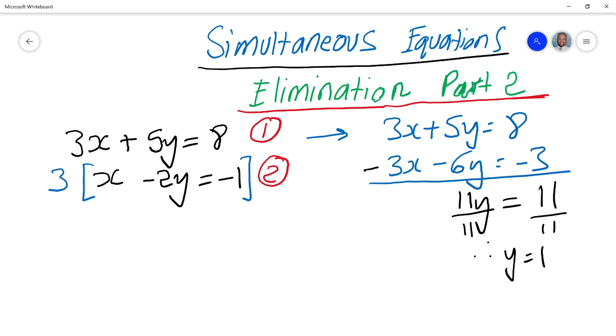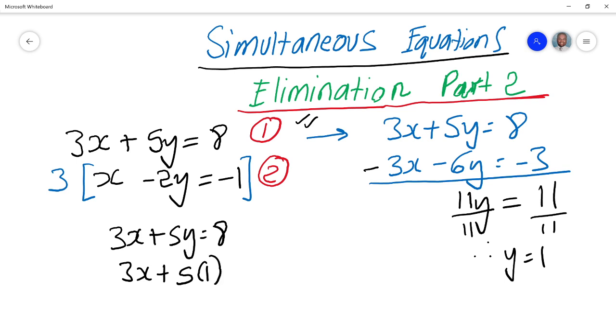So what do I now need to do? I need to put the value of y in either equation 1 or equation 2, and from my previous videos, I did mention you want to put it in the equation that is easy to solve. Looking at it, I think I'll put it in equation 1. So 3x plus 5y equals 8, and substituting, that's 3x plus 5 times 1 equals 8, which is 3x plus 5 equals 8.